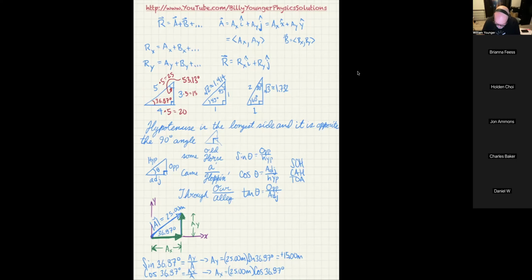So that's why I put the positive there. Similarly, when I look at A_x, I can see that this is the adjacent side, as is this. The adjacent side would normally be the 4, but in this case, it's going to be the 20. So this one's going to be positive again because it points to the right, 20.00 meters. Does that make sense to everyone?